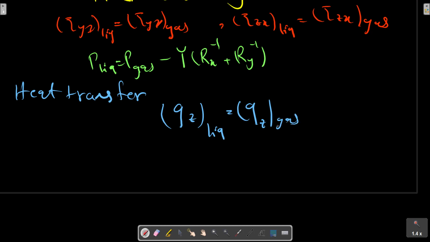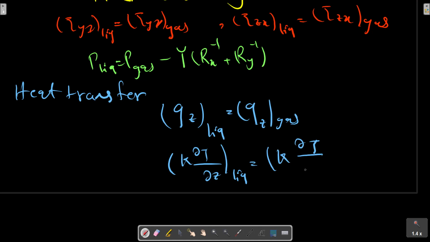Neglecting radiation, this is equivalent to a Fourier relation for the heat transfer at the gas and liquid interface.